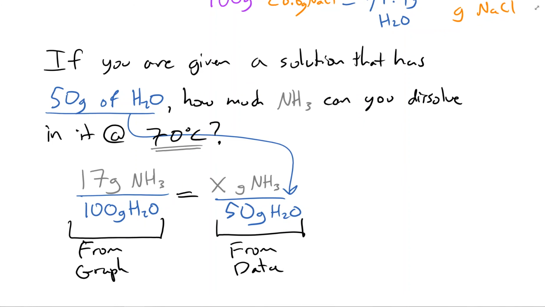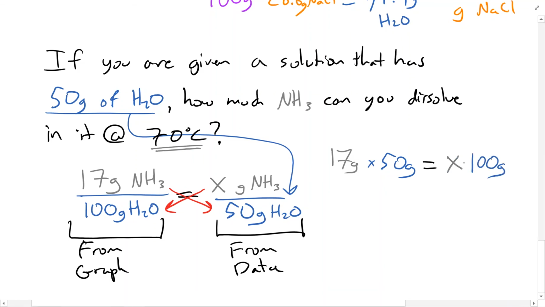So how are we going to do that? Yet again, we cross multiply, but it's a bit easier this time because we don't have subtraction or any parentheses here. So all we get is just a quick and simple 17 grams times 50 grams. And then on the other side of our equality, we have X, which we are looking for grams of ammonia, times 100 grams. These are multiplied, right?